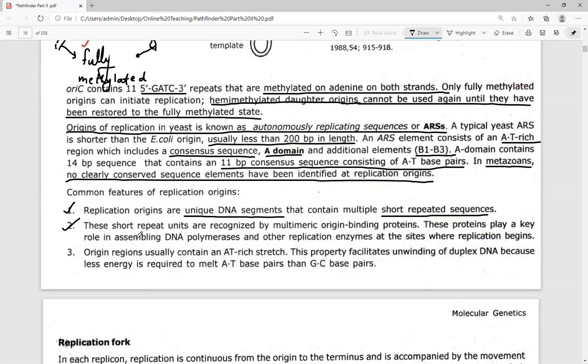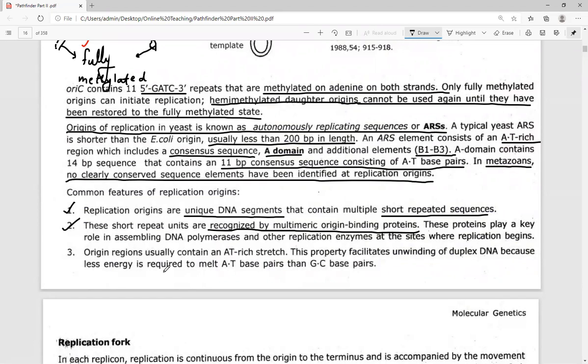These short units are recognized by specific proteins, referred to as multimeric origin binding proteins. These proteins have the ability to bind to the origin of DNA replication.